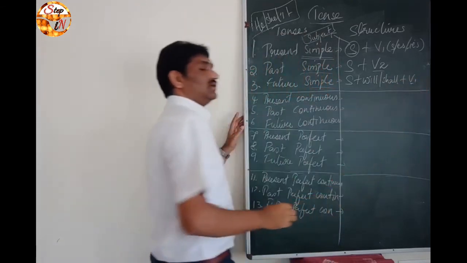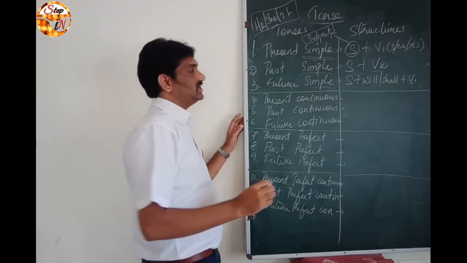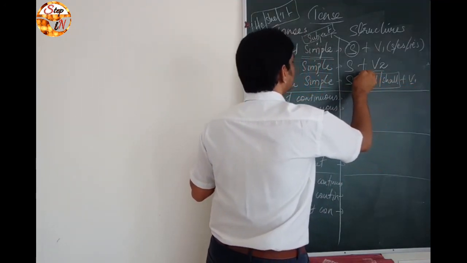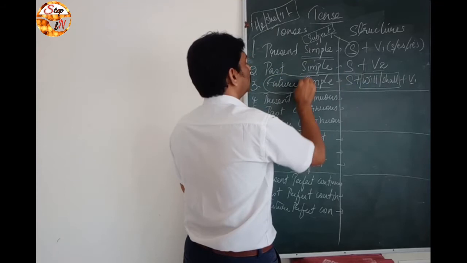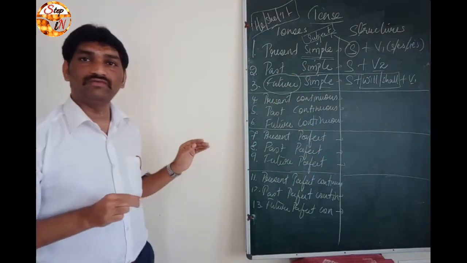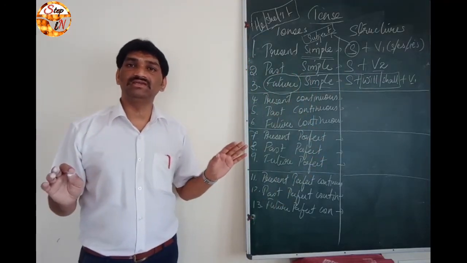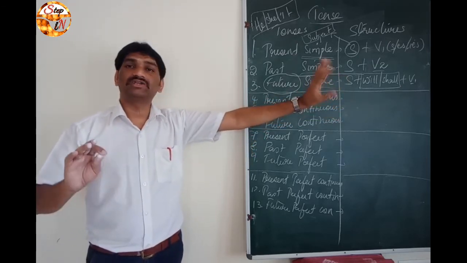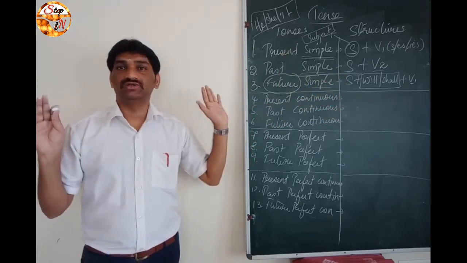So here verb 1 will remain the same. In the future tense, to indicate it is in future, we must have the words will or shall for all the future tenses. So immediately we can easily find out, by seeing the word will or shall is present, then that is future tense.